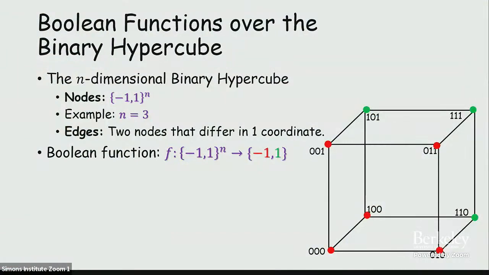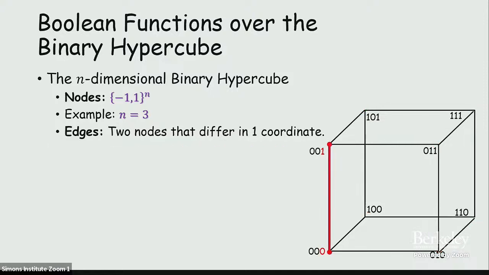The Boolean hypercube looks almost like this, at least for n equals 3. And you can try to imagine how it looks for larger n's, but I don't know exactly.